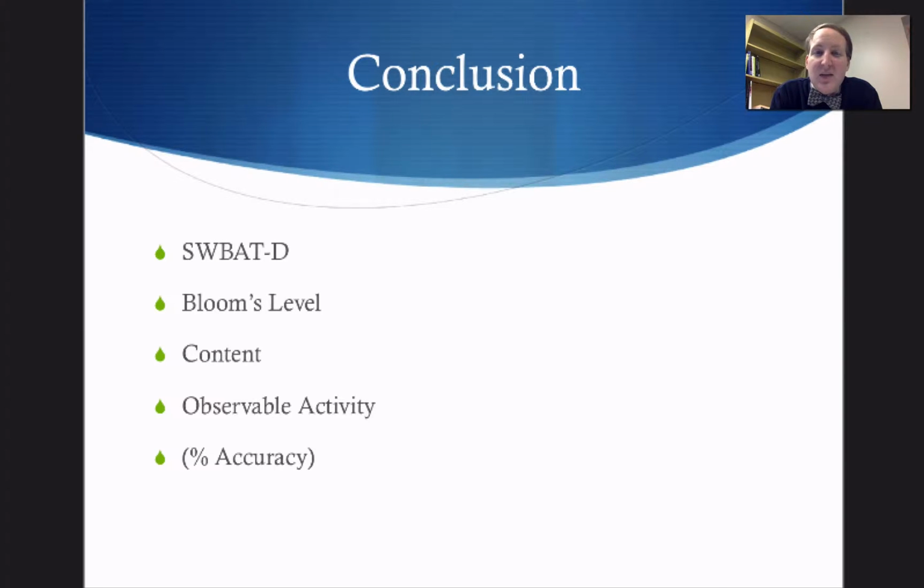And then finally, the observable activity that will verify that all students in the classroom have learned. It might not be exactly an assessment, nothing so formal as that, but if all students are able to answer maybe one question, then they have demonstrated that they've learned the key content. And then finally, percent accuracy, if that's required by either your professor or your school district.